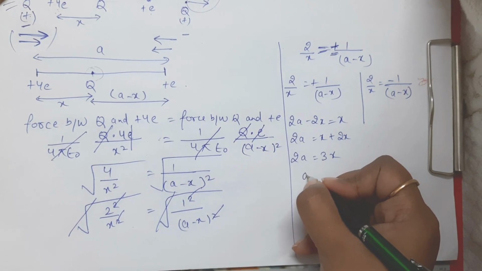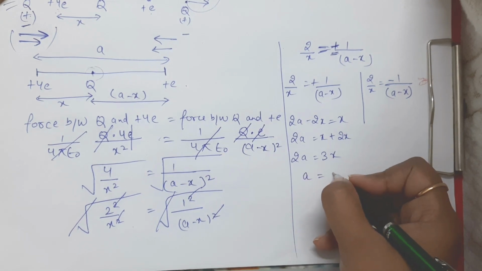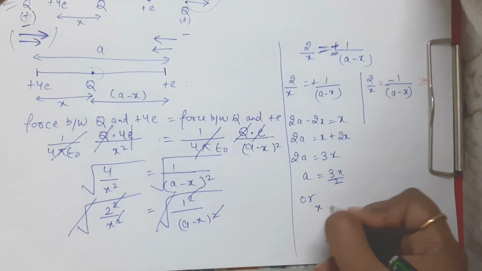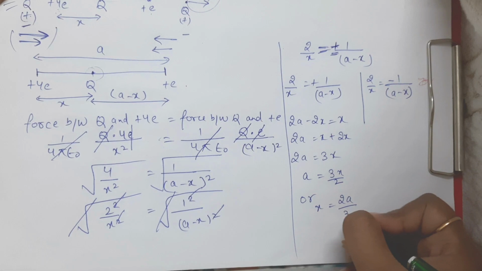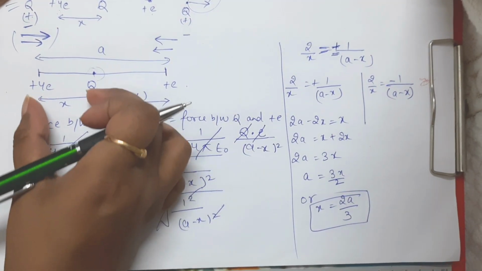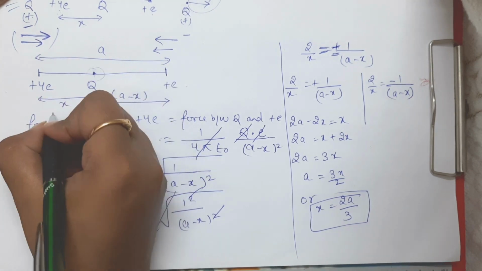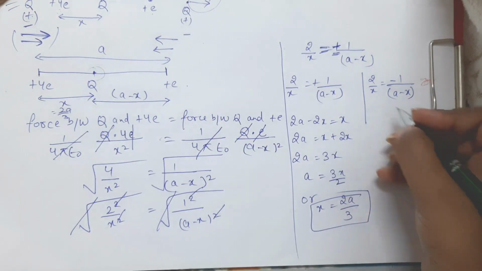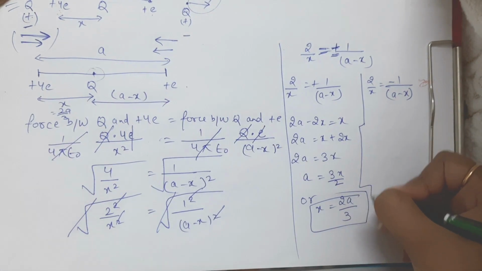So x will be equal to 2a by 3. So this particular distance is equal to 2a by 3. So this charge is at 2a by 3 distance from plus 4e.